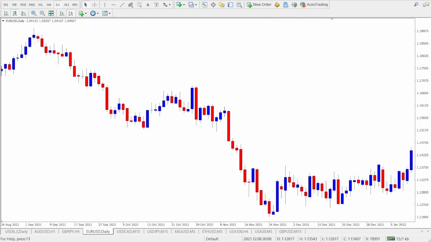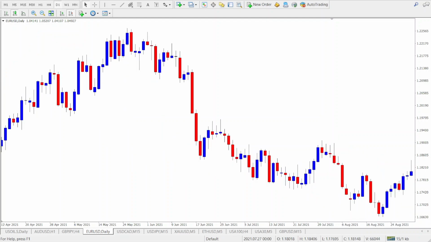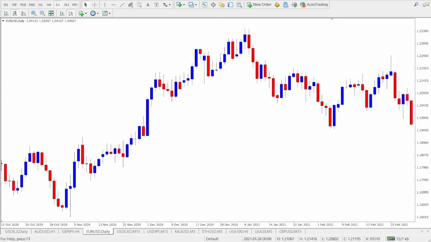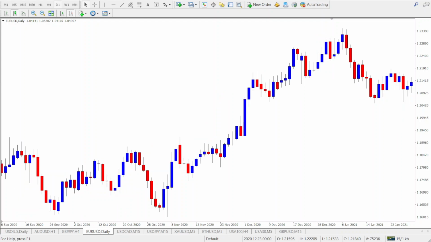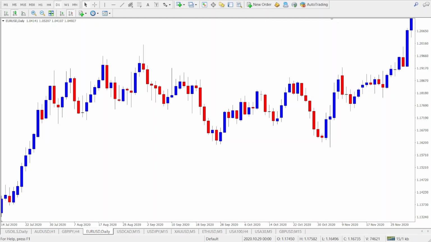Now, why is it called the first green day? Because it's the first significant sign of bullish momentum in what could otherwise be a downtrend or flat market.